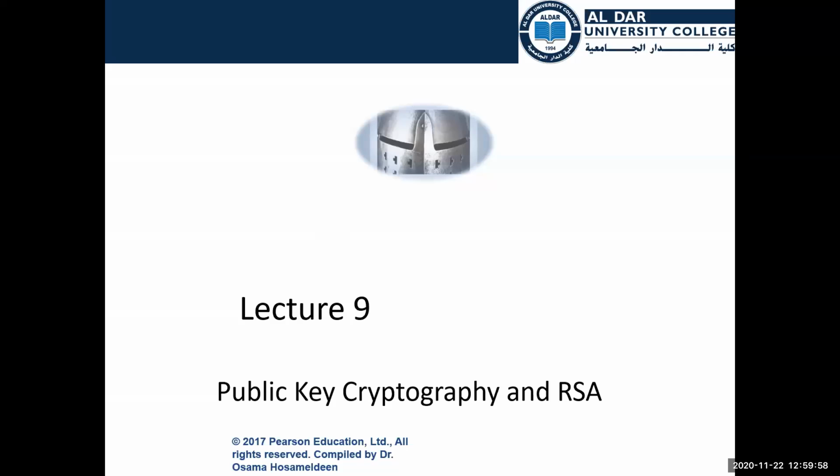In symmetric key encryption, the same key is used in both encryption and decryption. We have seen the two most commonly used, very famous, symmetric key encryption types. The first one is the data encryption standard, DES, and the second one is the advanced encryption standard, which is AES.